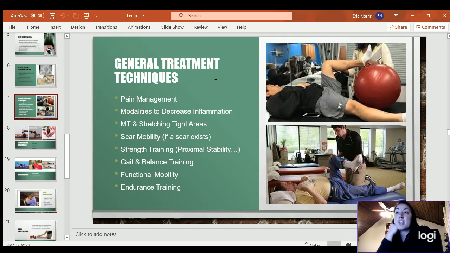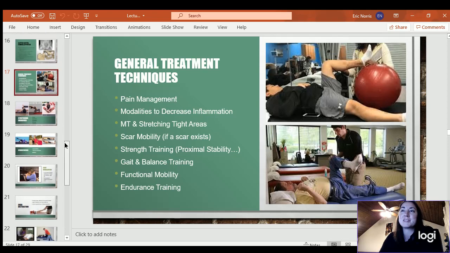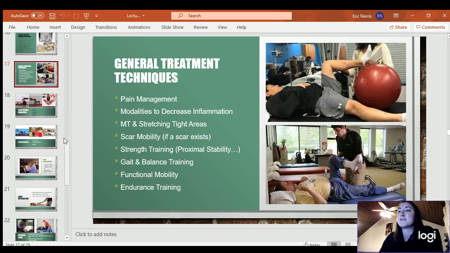And then gait and balance training, working on weight bearing and weight shifting and postural control, then getting balanced in various positions, and then eventually functional mobility and endurance training, getting them back to their prior level of function, or even better, especially with people who've had a hip replacement. Sometimes they get to a better level of function.